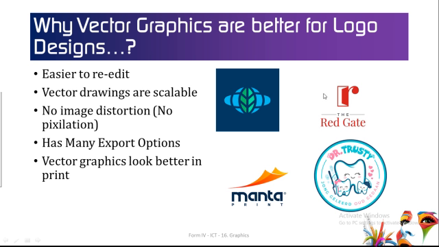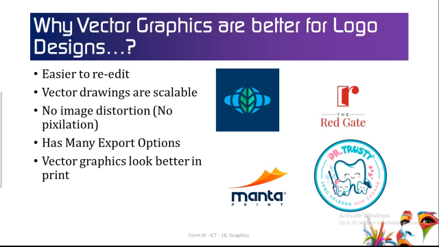Now already you know what are the two types of graphics and why vector graphics are better for logo designs. There are some reasons. Children, when you are creating the logo using the vector graphics software, that means easier to re-edit whenever you need. The company logo must be updated so you can easily re-edit it. Vector drawings are scalable.